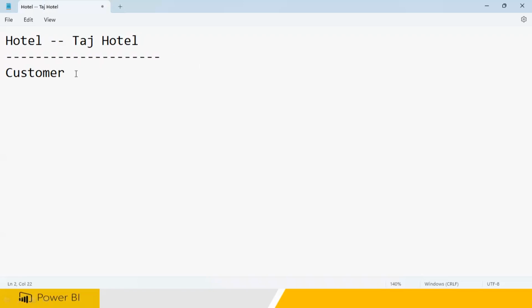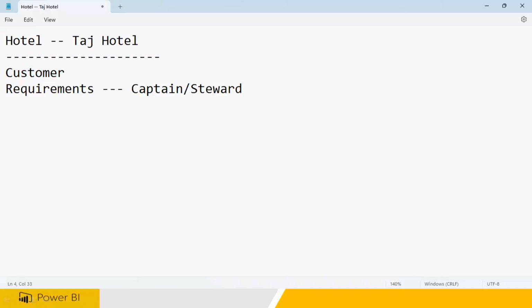As soon as you go to the hotel Taj, you're sitting in the restaurant, and who's going to come and talk to you? There is a captain, who's going to be coming to you, and he will be gathering the requirements. Or you can say there is a steward or a waiter.